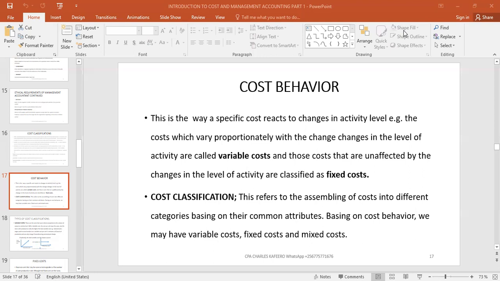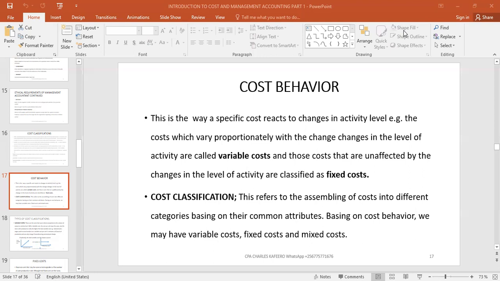Then the fixed costs. These are costs which are not affected by the changes in the activity levels. They don't change even if the level of activity changes.